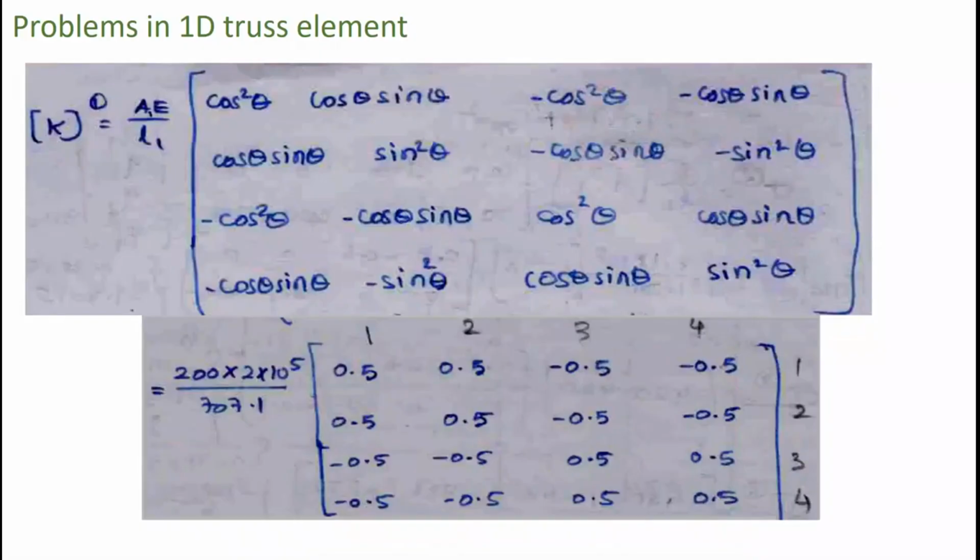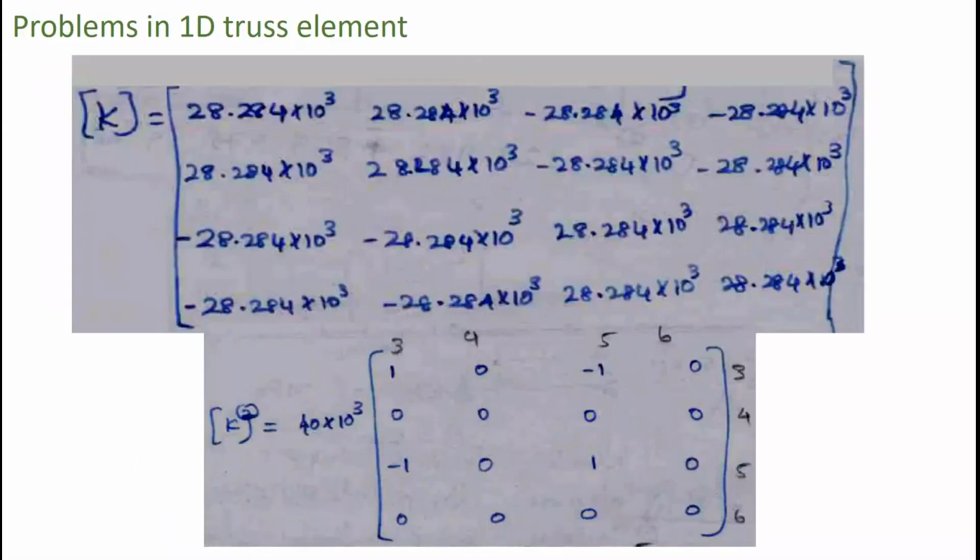For element 1, after calculating 2000 times 2 into 10 to the power 5 divided by the length 707, we multiply the internal terms.